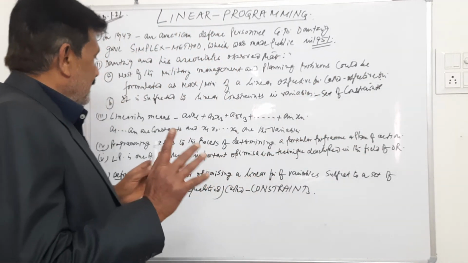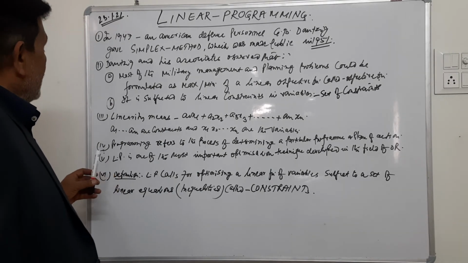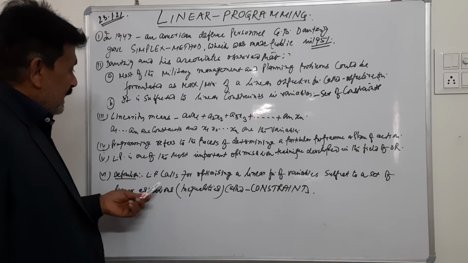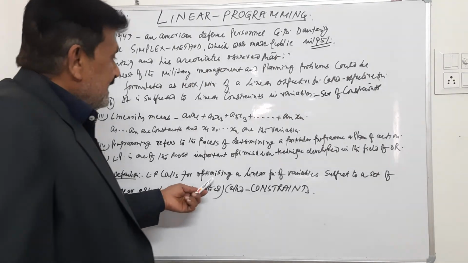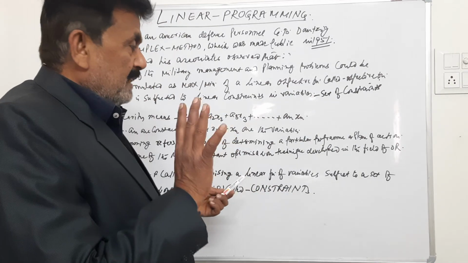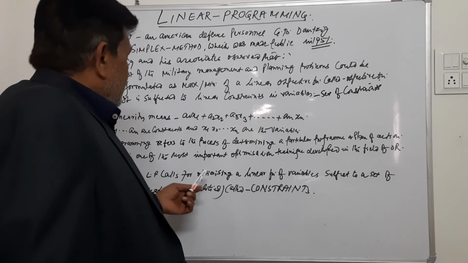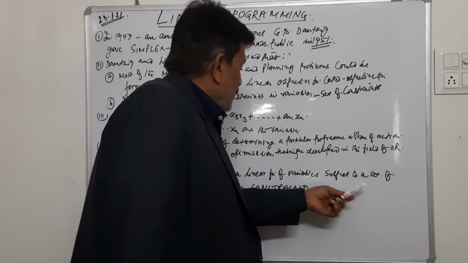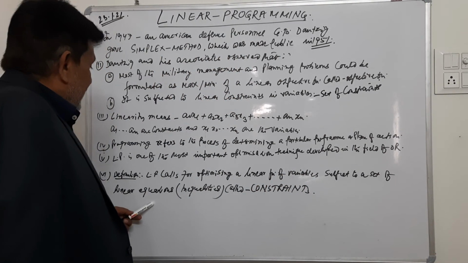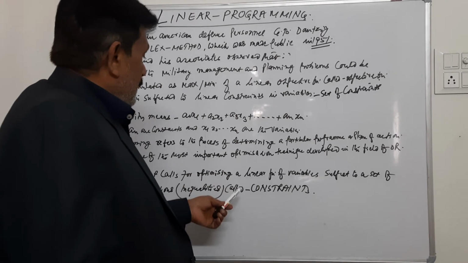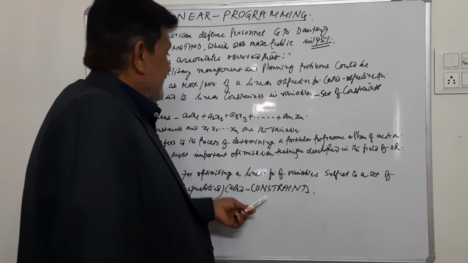Now we can define LP: LP calls for optimizing a linear function of variables, called the objective function, subject to a set of linear equations, in the form of inequalities, called the set of constraints.